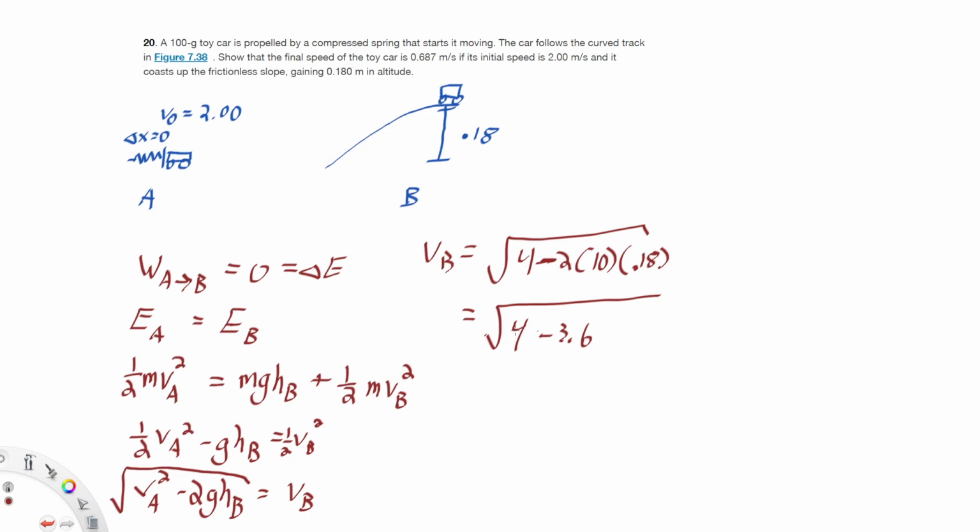So 4 minus 3.6 is going to be 0.4. And in fact, the square root of 0.4 is about 0.68. Oh, not 0.2.